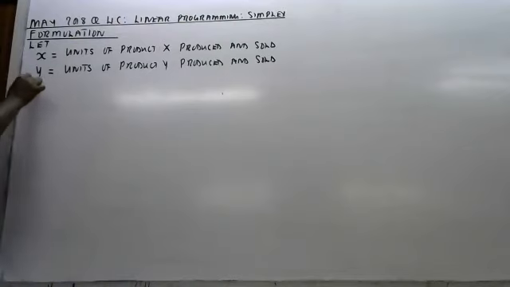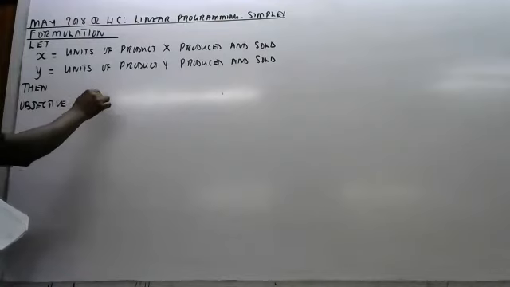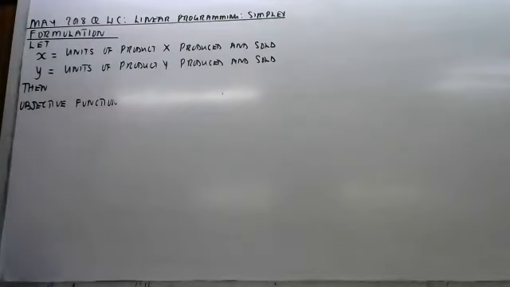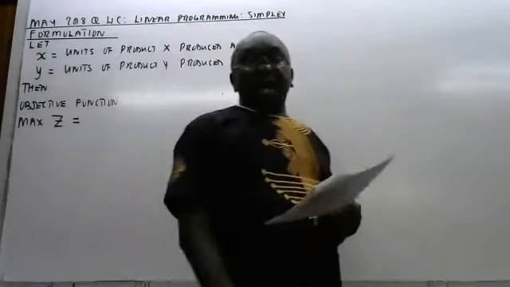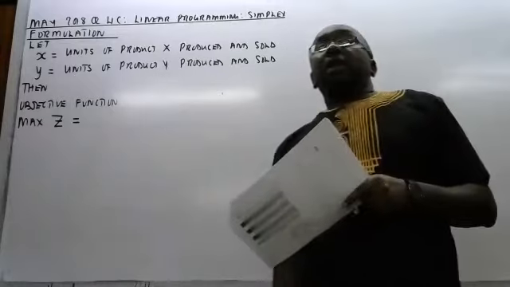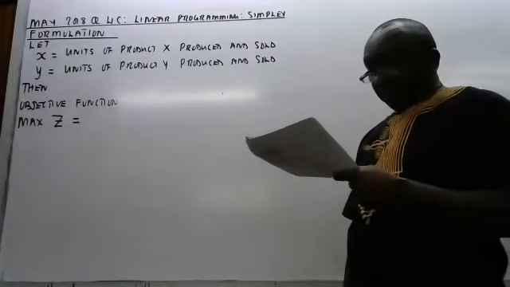Then the objective function will be to maximize Z. This is where now we bring the contribution margins.